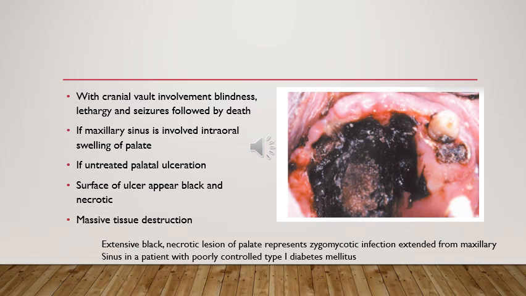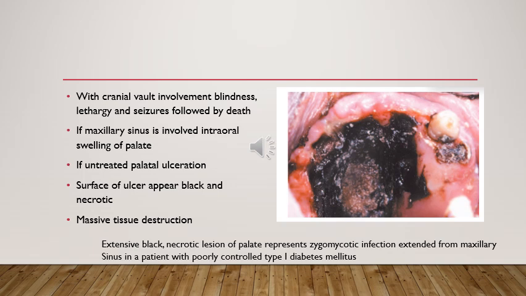If the maxillary sinus is involved, the swelling may rapidly spread into the palate, because it is not through the oral route that the microorganism is entering the human body. But when it enters the nasal cavity and involves the maxillary sinus, there are chances that intraoral swelling may also be observed in the palate as blackish discoloration.